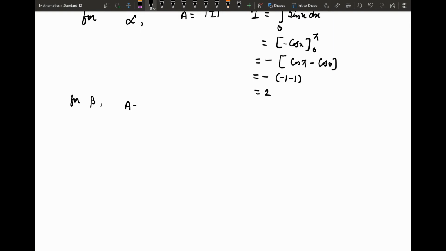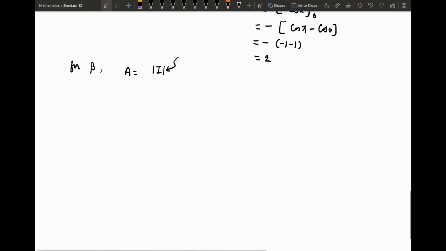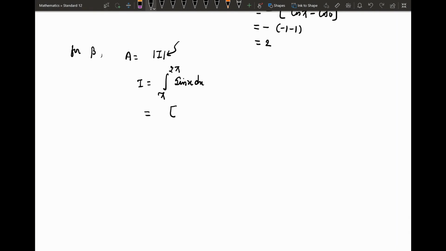Similarly for beta, A equal to mod I. We will put in the modulus because here I will be negative, since y is negative in pi to 2 pi, third quadrant and fourth quadrant, while area is always a positive quantity. So I equal to the integral from pi to 2 pi of sin x dx, the integration of sin x is minus cos x, pi to 2 pi.